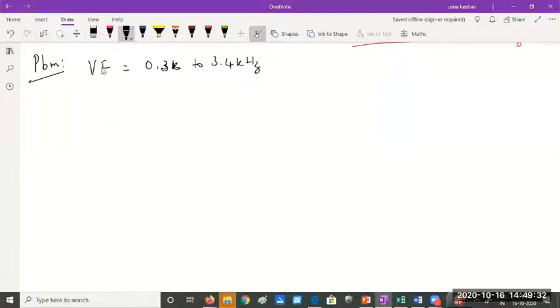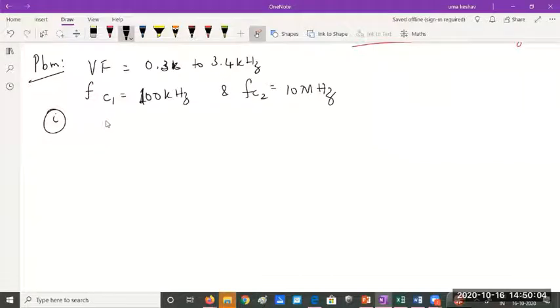The two oscillator frequencies are FC1 is 100 kilohertz and FC2 is 10 megahertz. Specify the following. First one, sidebands of DSB-SC modulated wave.